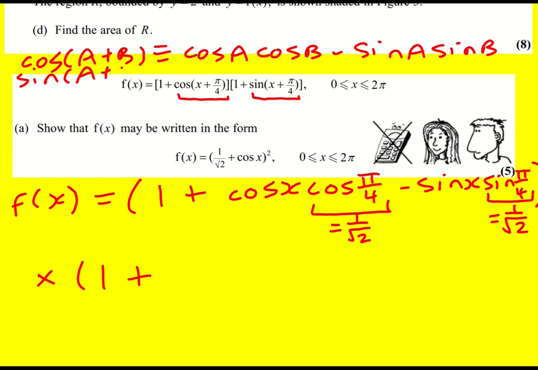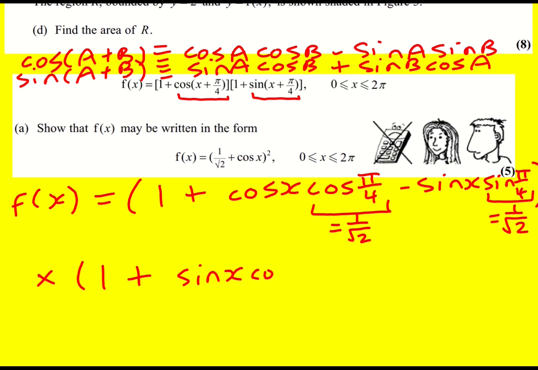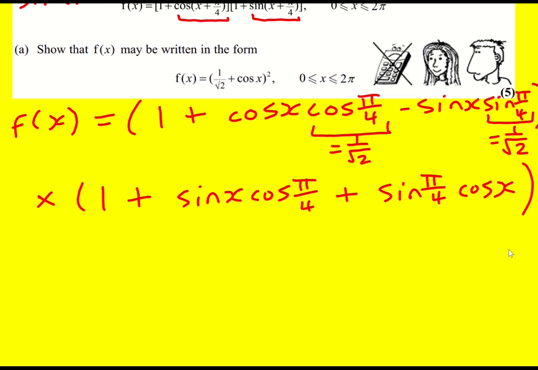Sine(A plus B) is identical to sine A cos B plus sine B cos A. So in our case, it's going to be sine x cos pi over 4 plus sine pi over 4 cos x. And again, these are both 1 over root 2.